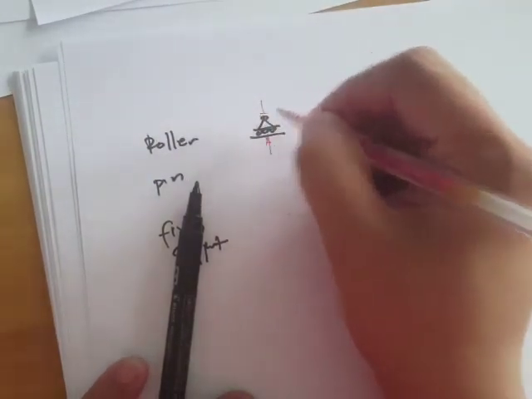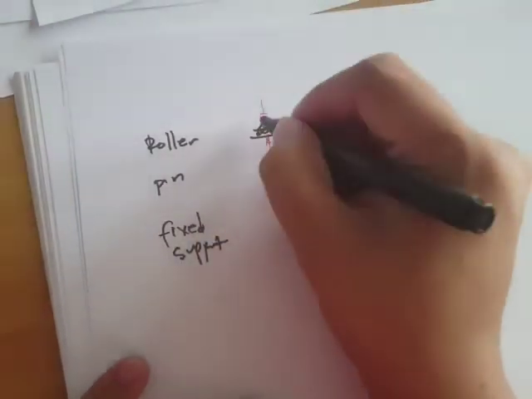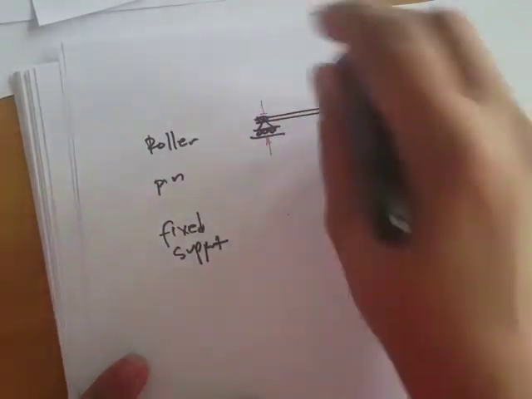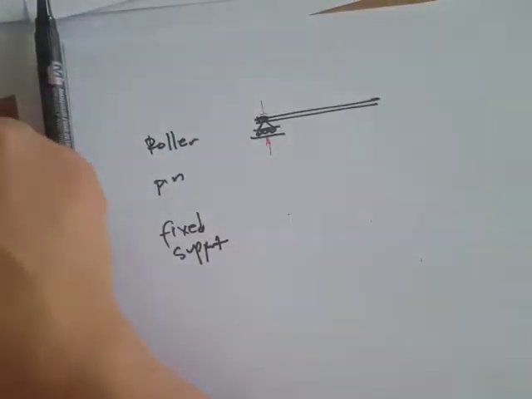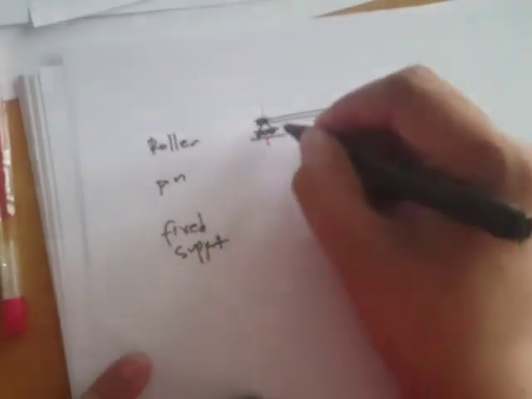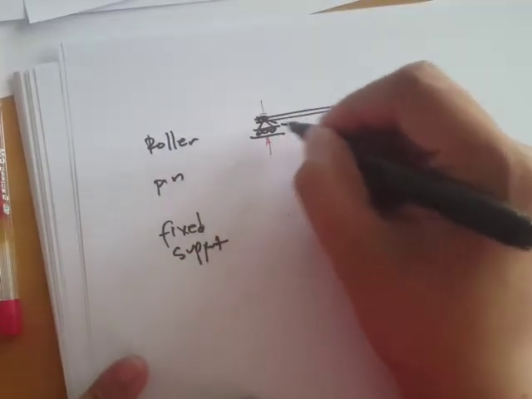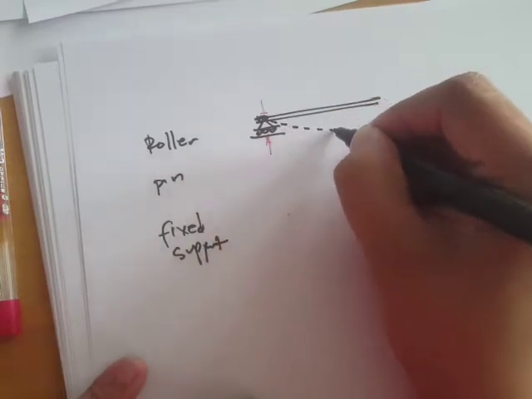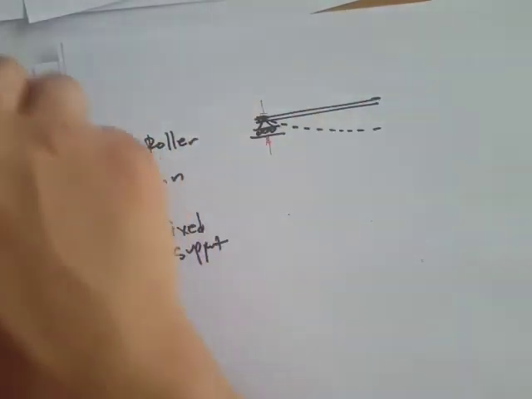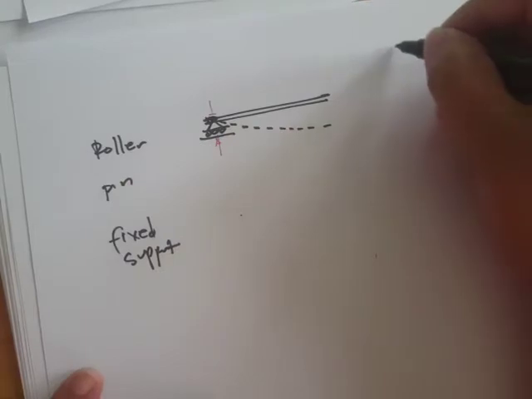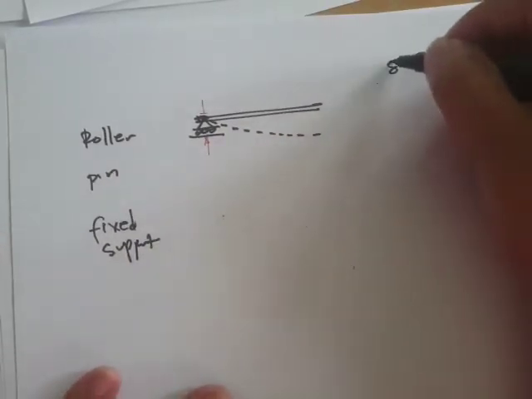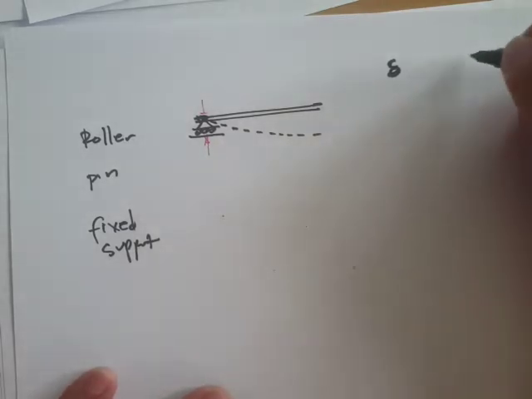So let's say we have a beam here. If there's an external load, this point is not allowed to go down or go up. So the deflection is, okay, by the way, sometimes they use the symbol delta, the small delta, for the deflection, and then this is the slope.